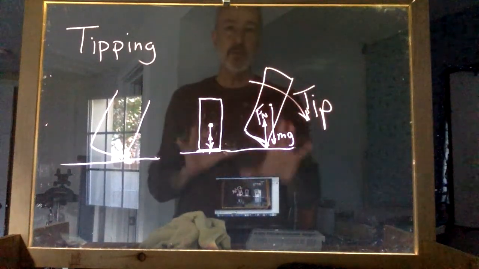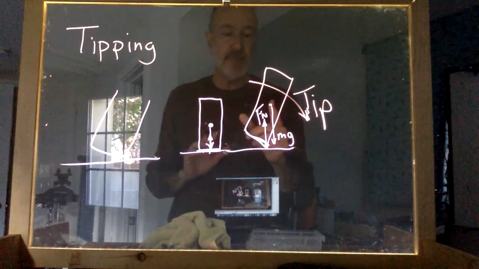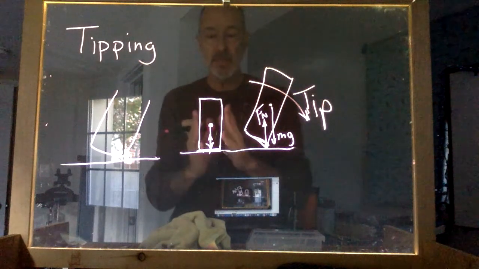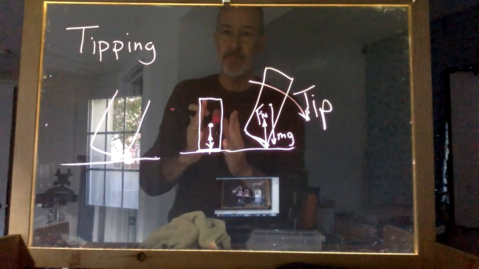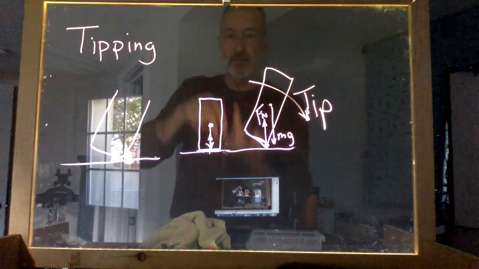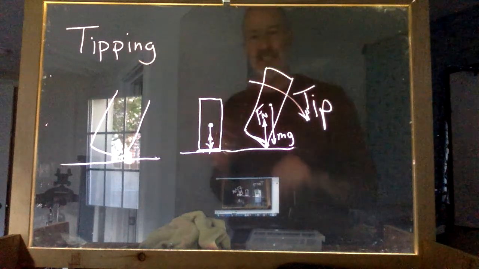So really the rule for tipping is whether the center of mass is inside the base. I can tip this a certain amount, and remember what I had before when the mg was over here and the normal force was over here, it went back. We say that's kind of stable.